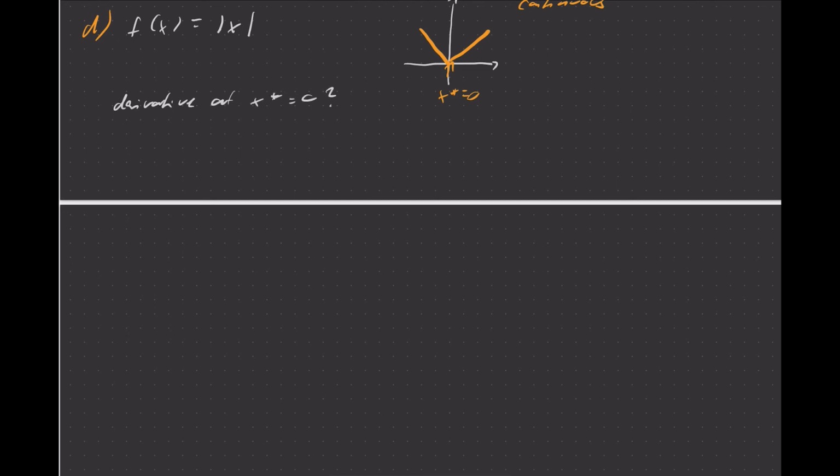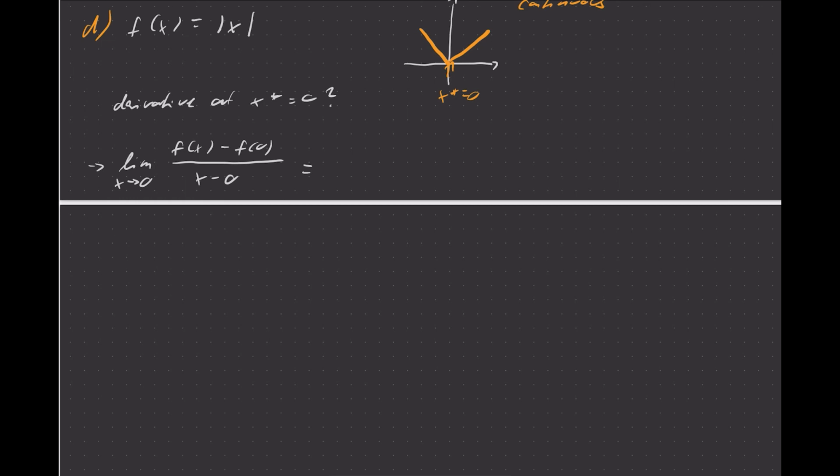So what we need to do is we need to compute the limit as x tends to 0 of f of x minus f of 0. So x star is 0, divided by x minus 0.